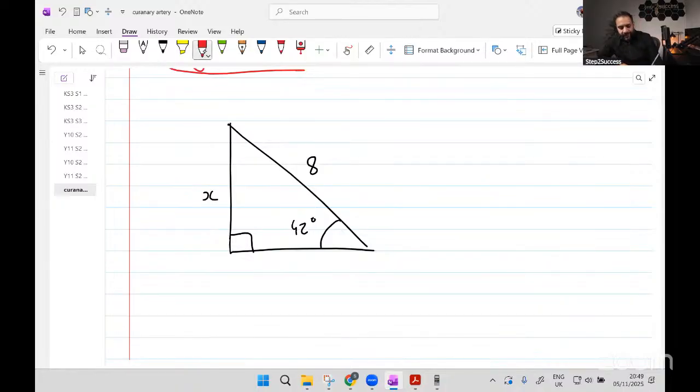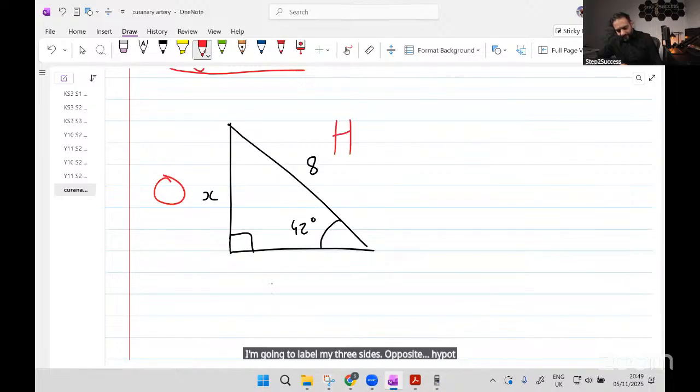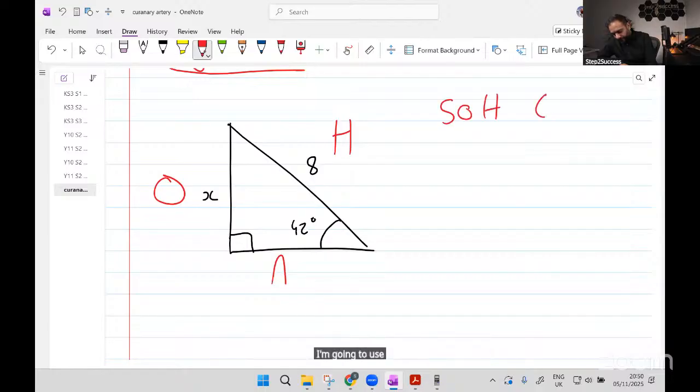I'm going to label my three sides: opposite, hypotenuse, adjacent. I'm going to use SOHCAHTOA. Okay, using SOHCAHTOA, I will create this equation.